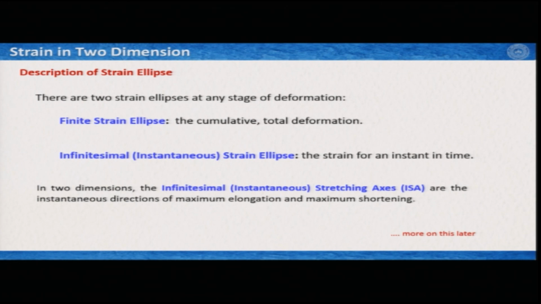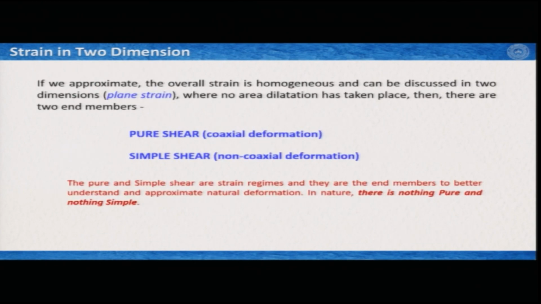Now in 2 dimensions there is also one term that we call the infinitesimal or instantaneous stretching axes, and these are the instantaneous directions of maximum elongation and maximum shortening. We will learn more about it later. Finally, we will learn about what is pure shear and what is simple shear.